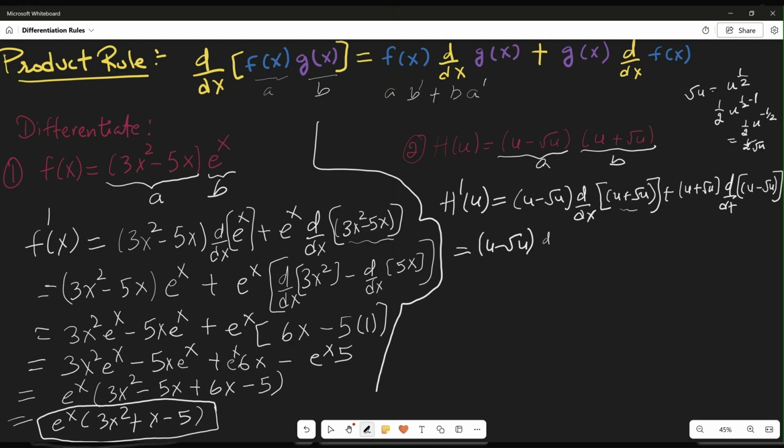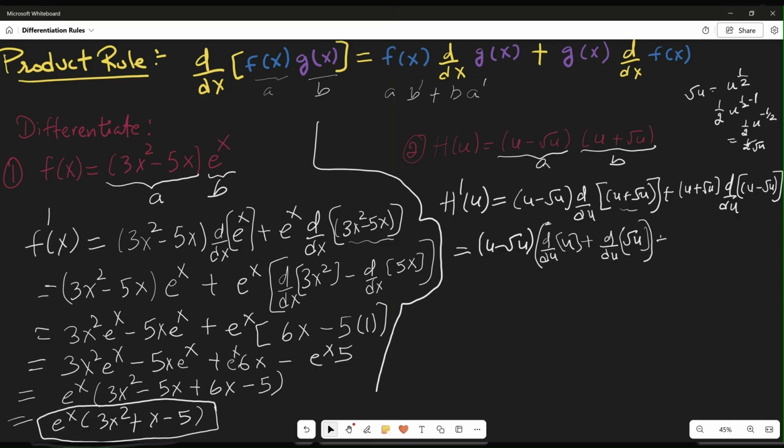So as you can already tell, I can just write this down for you one more time. This is simply what? Derivative of u plus, oh, this is with respect to u, right? So I mean this should be u here instead of x, and derivative of this plus, this is being multiplied, right?